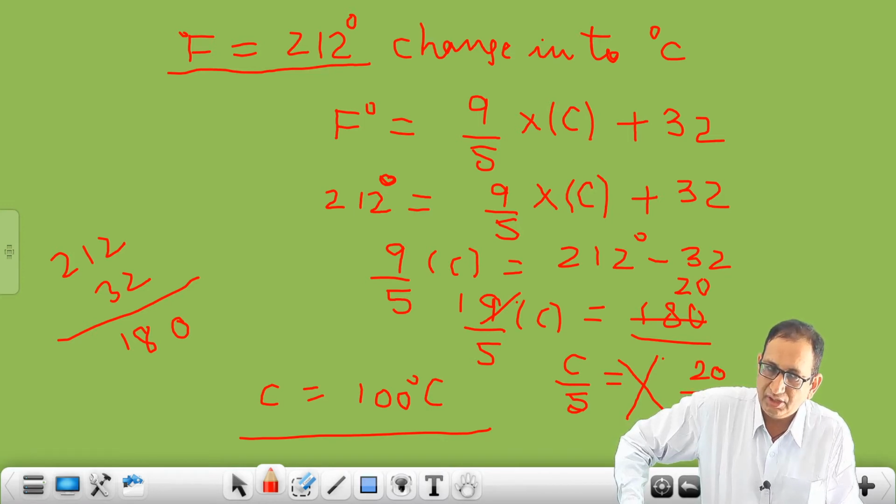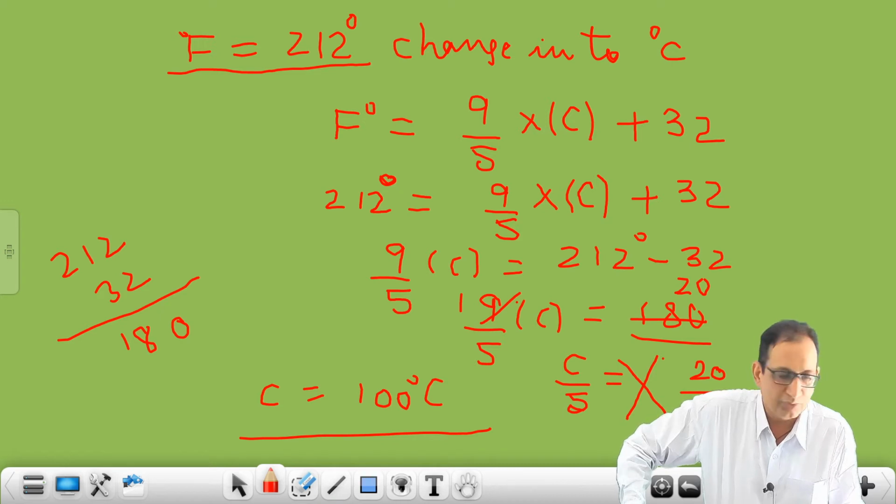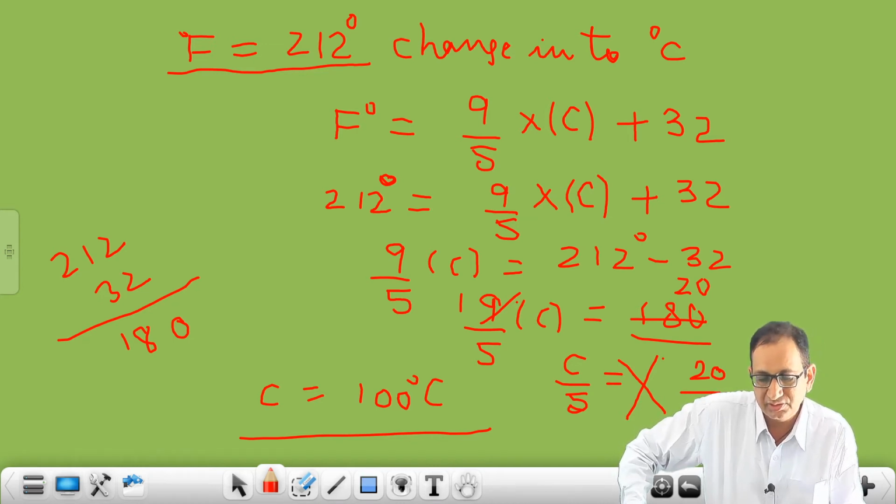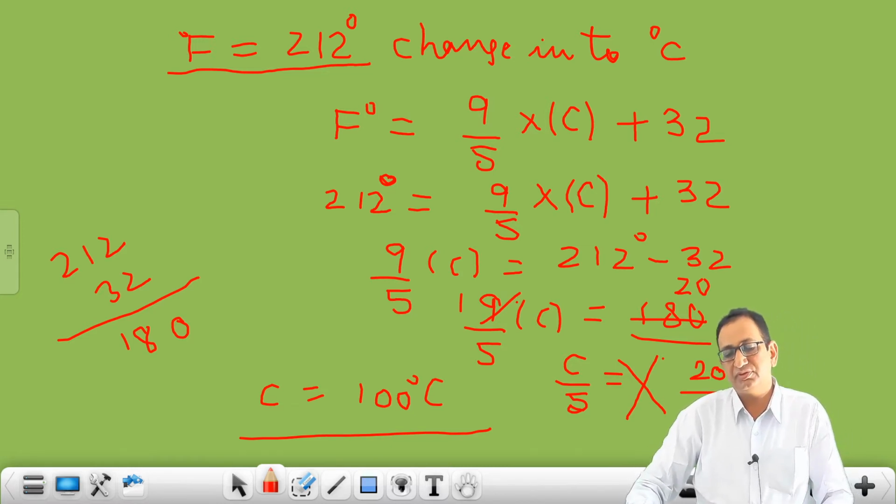And water boils in Fahrenheit scale at 212 degree Fahrenheit. So we have got the value. If you put this Fahrenheit scale 212 degree, we got the value for C, degree Celsius, that is 100 degrees Celsius. So this is a very good question, students.